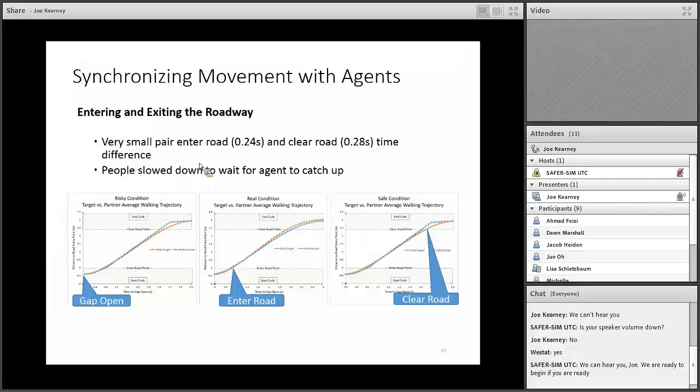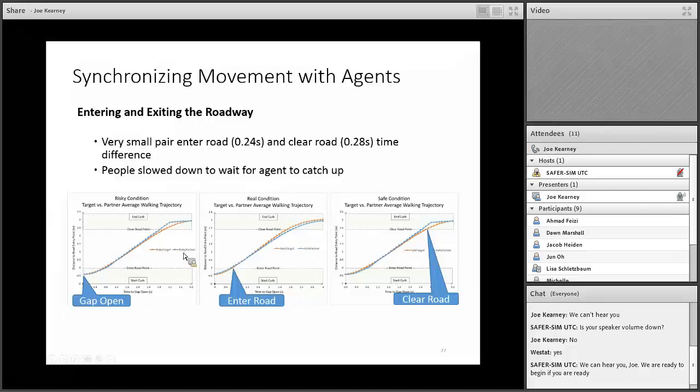As when crossing with a real peer, they tend to cross in very tight synchrony when they cross together. We had some indication that they tended to match their road crossing speed. These show the trajectories when they cross the road. The sort of orangey color is the target in all three conditions, and in the blue is the partner.